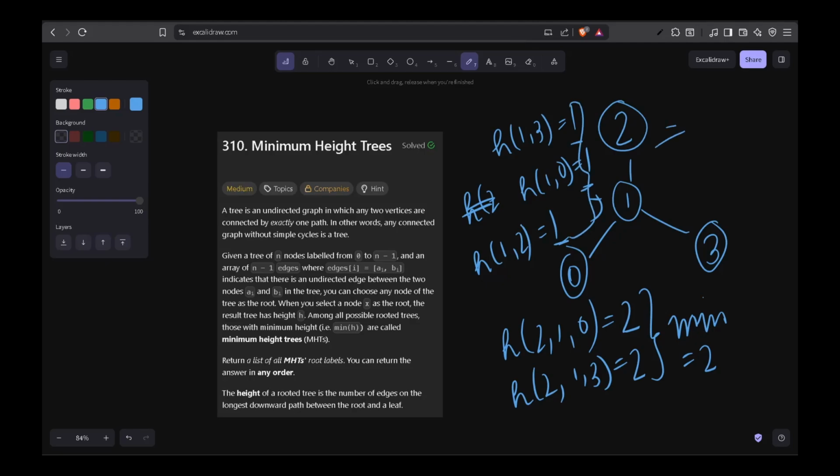For this tree, the answer is 1. 1 as in not the height, but the root node 1. That means we are saying that if we select 1 as the root, then we get the minimum height possible, right? So we are returning an array of nodes, which if we choose as the root, we will get the minimum possible height. Okay, so if there were other nodes other than 1 whose height was 1, we would have included that node as well. So that is the question.